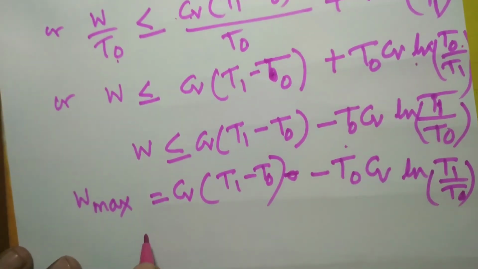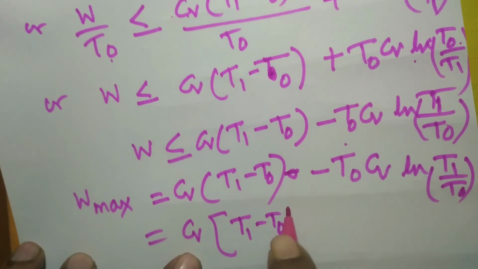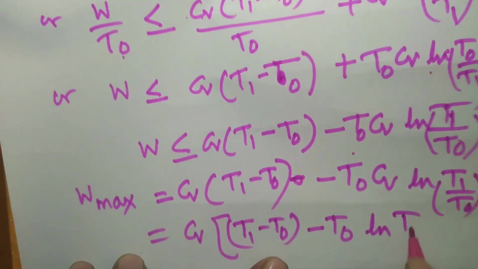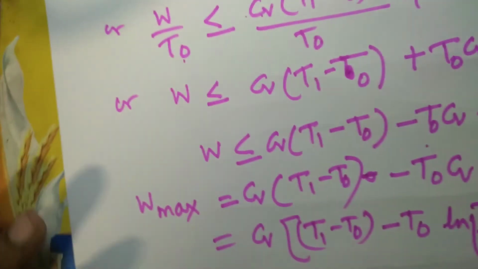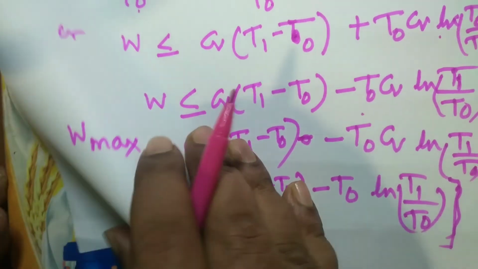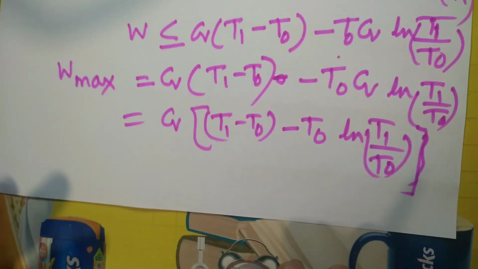So this is equal to, taking Cv common, T1 minus T0 minus T0 ln T1 upon T0. And this is the maximum work that can be obtained. And you see, maximum work is obtained only in case of reversible processes.